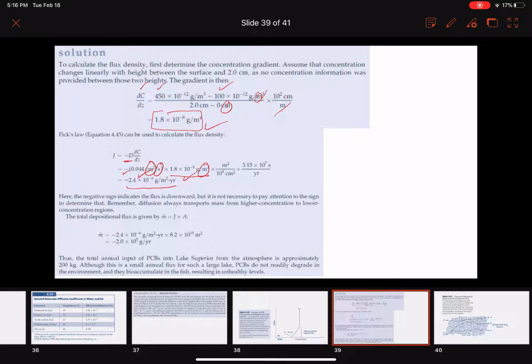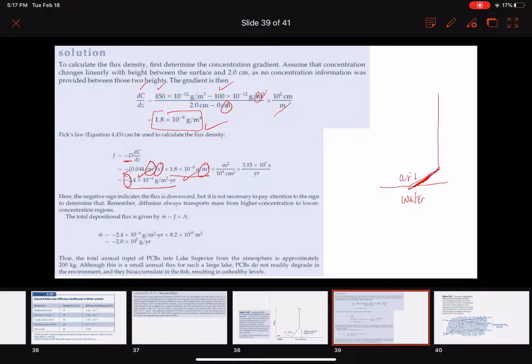Of course, this negative sign indicates that the flux is downward, because the flux is going down toward the ocean. Remember, he was talking about this being the water, whether it's an ocean or the lake, and this is the air. It's going down like this and then going up in a straight line, and the Henry's law constant is applied to the 2 centimeters above.